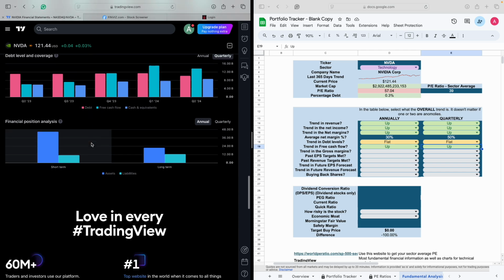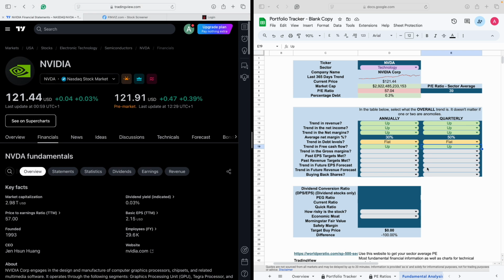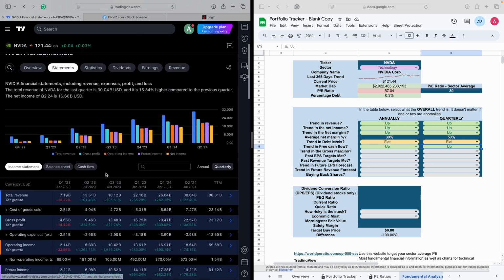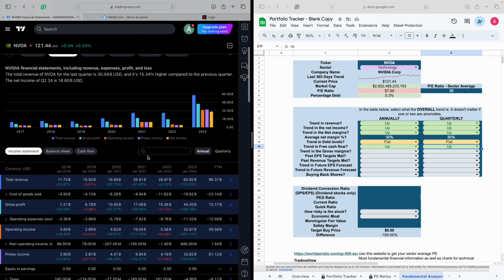The next thing I would do then is scroll back to the top here because it asks about gross margins. And for that, I go onto the company statements, which is over here. You can just see how much it's grown over the last few years. Even looking at the total revenue, look at that, just crazy growth in the last couple of years. But here we're looking at the gross margin.